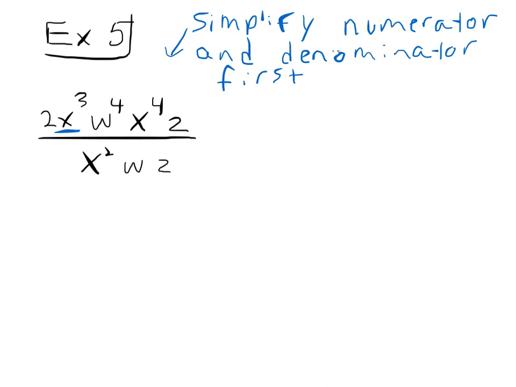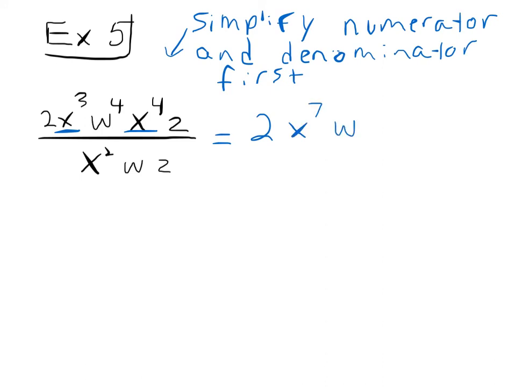And the answer is yes. This x to the 3rd and this x to the 4th, we can add those exponents. So I'm going to rewrite it: x to the 3rd and x to the 4th, when you add the exponents, would get you x to the 7th power.